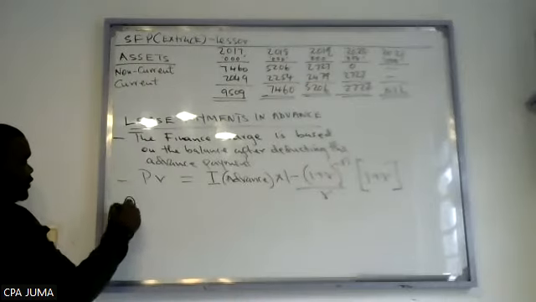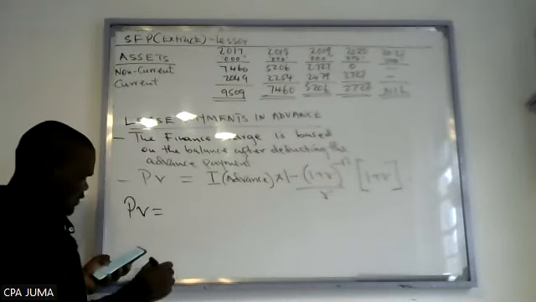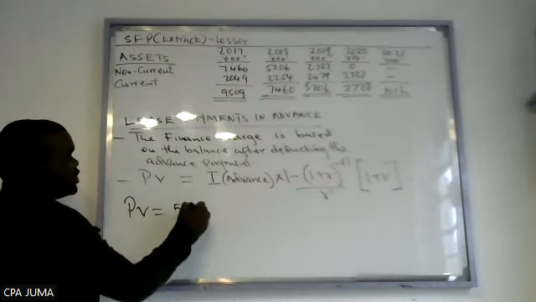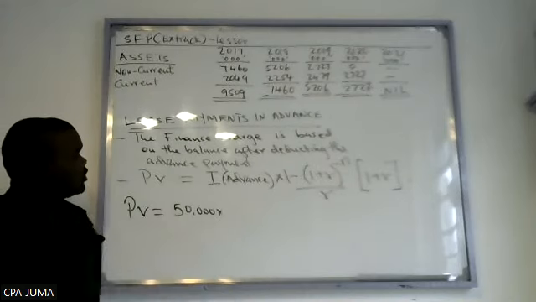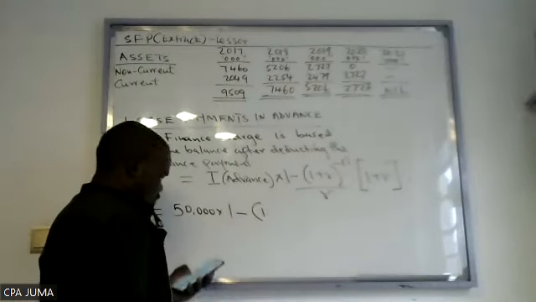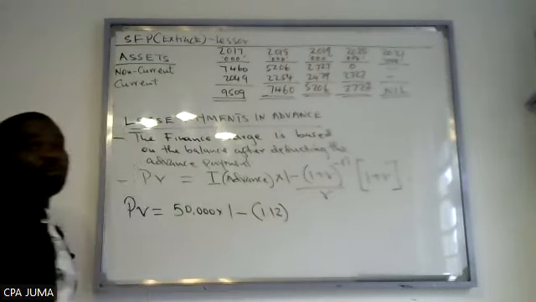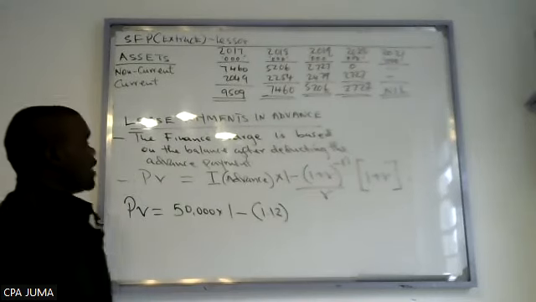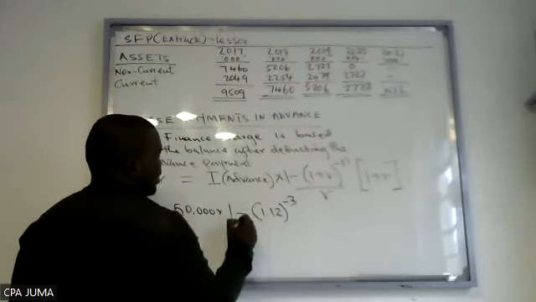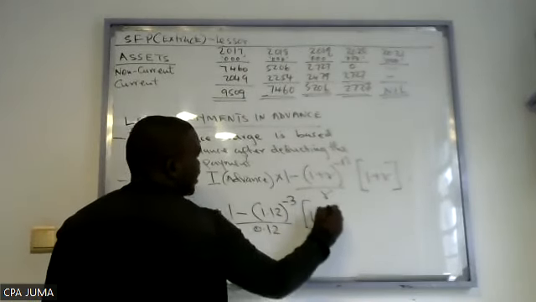So present value is equal to the advance payment, they are paying 50 million. Let's work in thousands. 50 million times 1 minus 1.12 raised to power negative 3 years, divided by 0.12, times 1.12, where the rate is 12%.